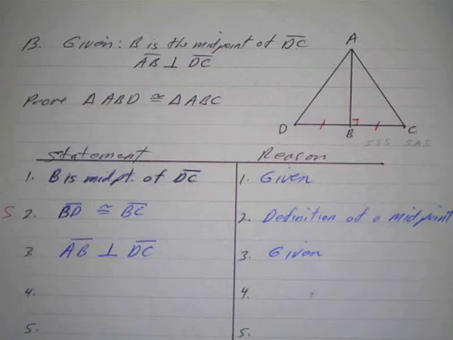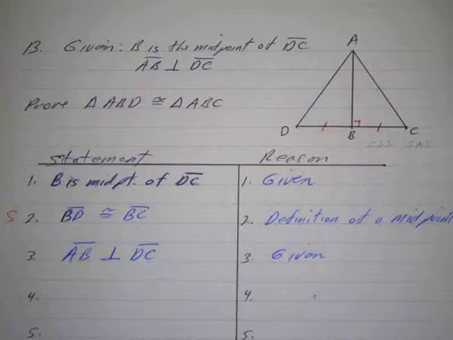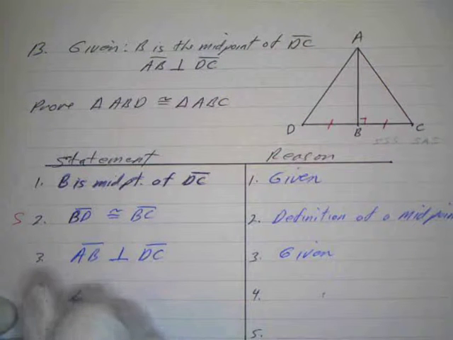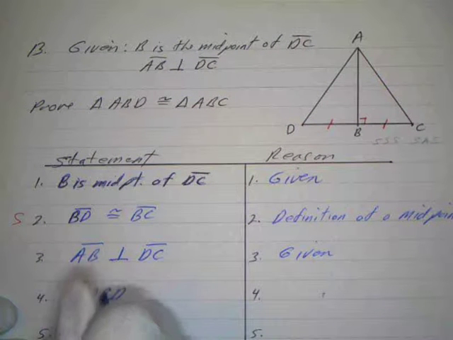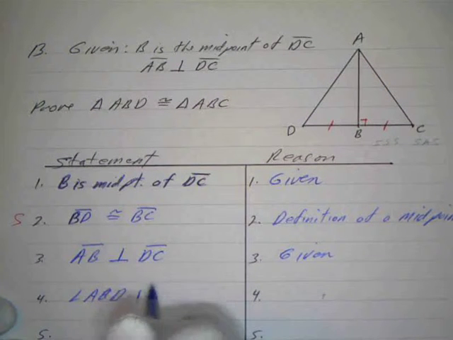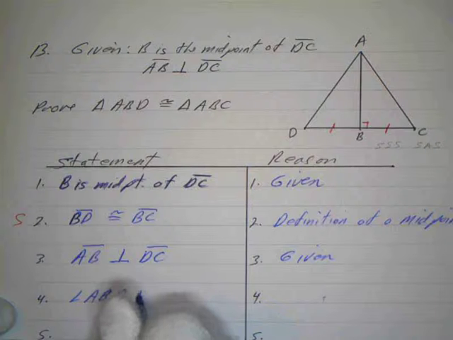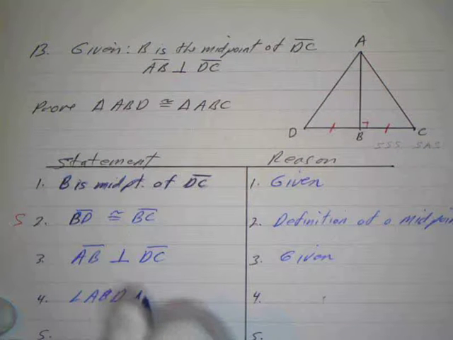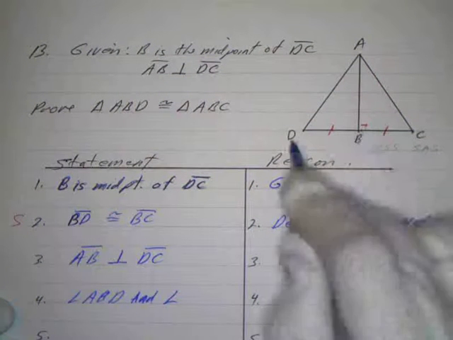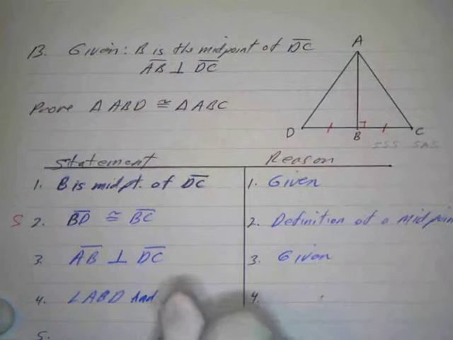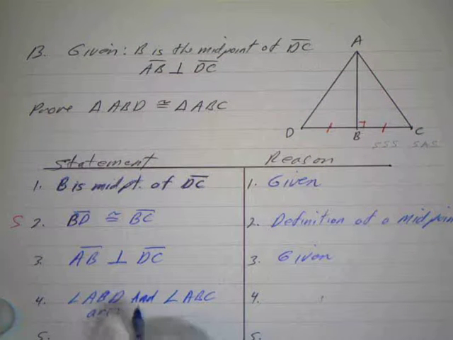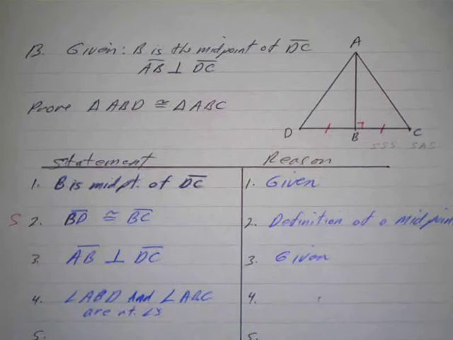So I could say that angle ABD and angle ABC are right angles.